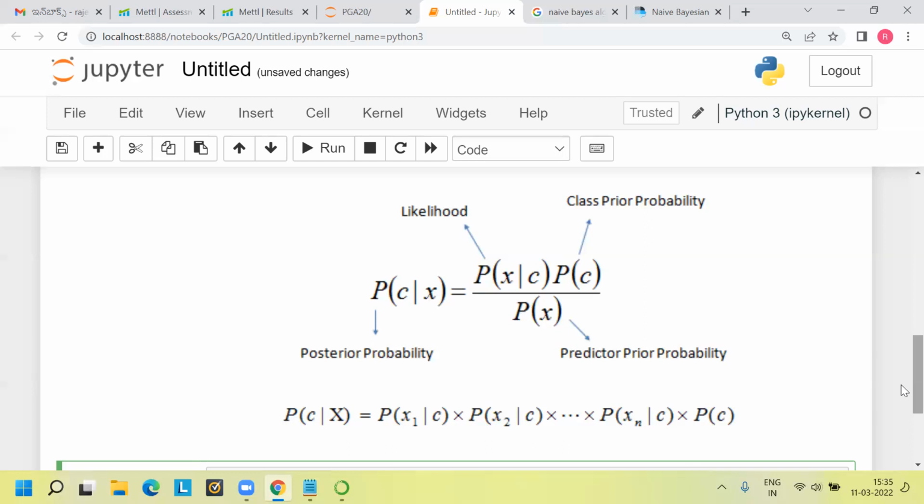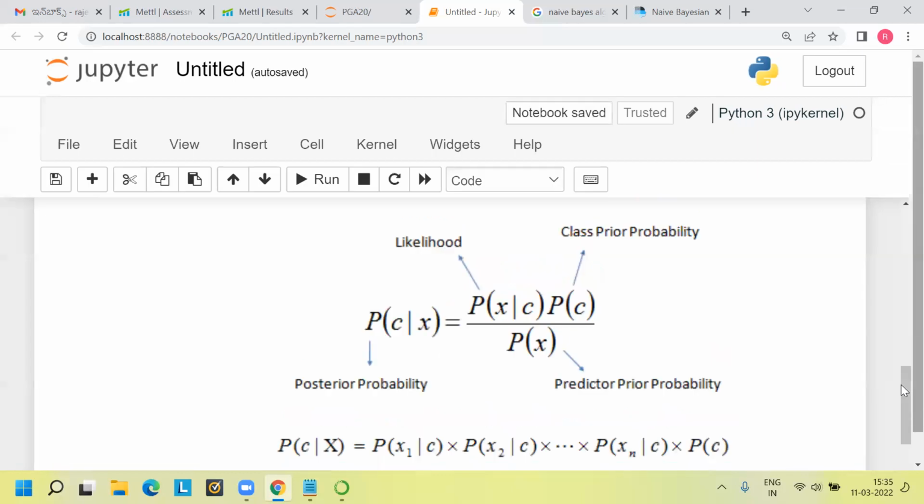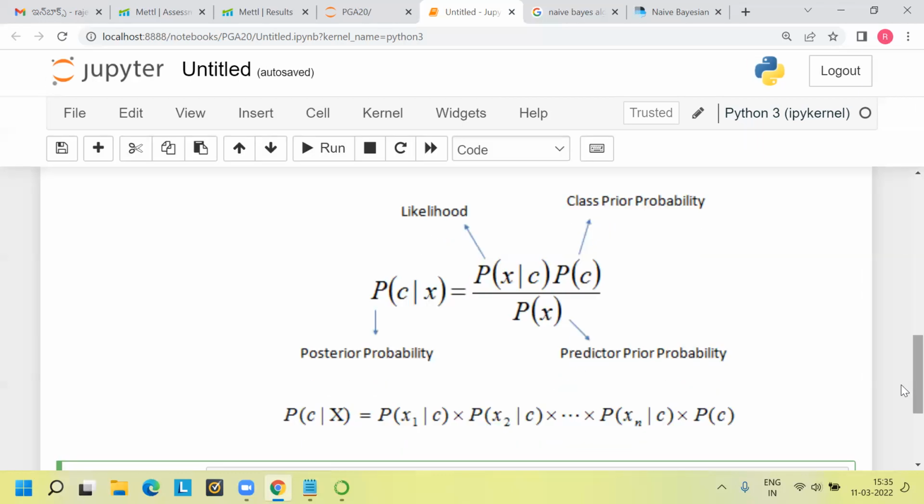Prior probabilities are those in our data which we have already calculated. Likelihood is also calculated using the independent variables and the class. What we are predicting is posterior probability, the predicted probability. Likelihood is the evidence. Prior probabilities are existing probabilities based on our existing data.